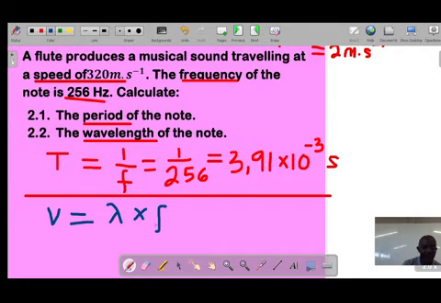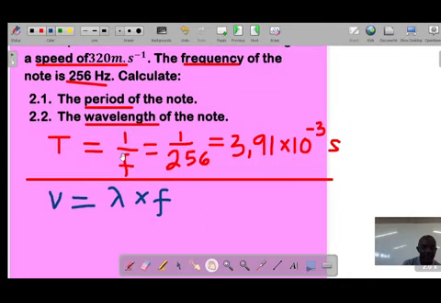So far we know the speed, that is 320, and we're looking for the wavelength lambda. We know the frequency, so we can substitute.